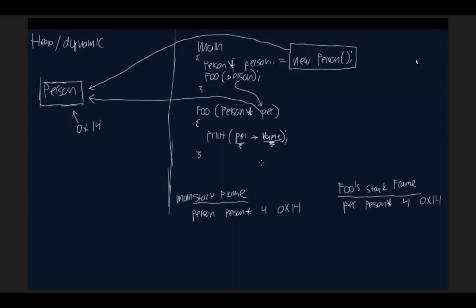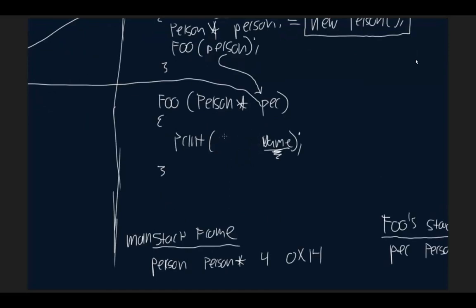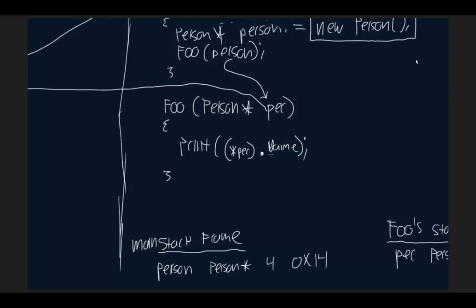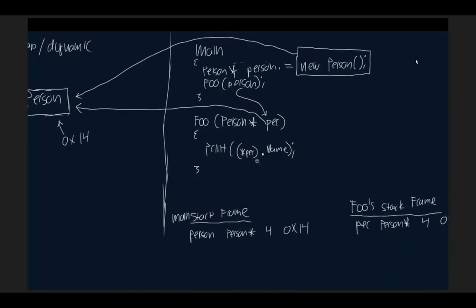This is syntax that you will see very commonly in C++ and in C. I know for a fact that the syntax is valid in C when you're working with structs, but I can't say for certain if this syntax exists in Objective-C, and I'm terribly sorry. Yeah, it is a short way of writing it. An alternative to doing this would be to dereference per, and then instead of using the arrow, you'd use a dot. So dereference per, and then grab his name variable out of it.